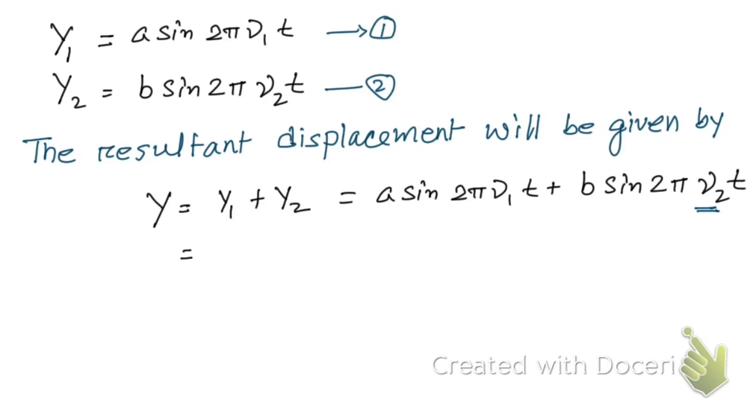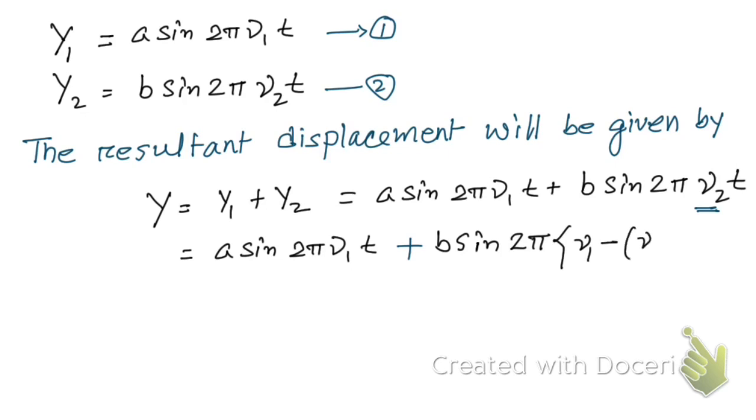Then plus b sin 2 pi, and if we take common, nu1 minus nu1 minus nu2, into t. I have written nu2: if you open this bracket, nu1 will be cancelled and again you get nu2. As simple as that.